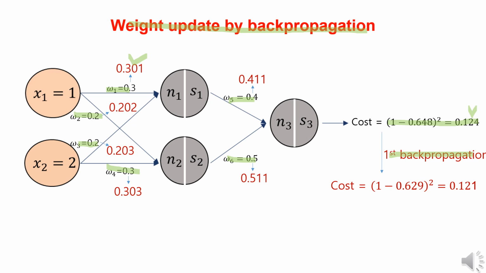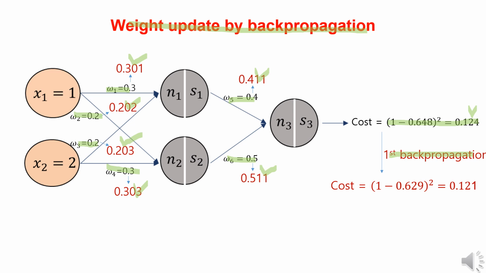Omega 2 is updated to 0.202. Omega 3 is updated to 0.203. Omega 4 is updated to 0.303. Omega 5 and omega 6 are 0.411 and 0.511, respectively.